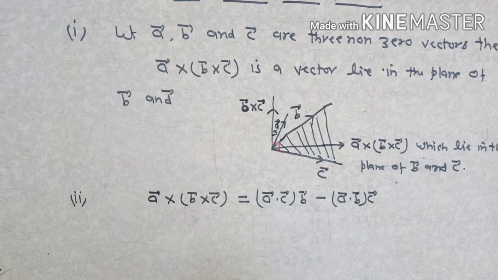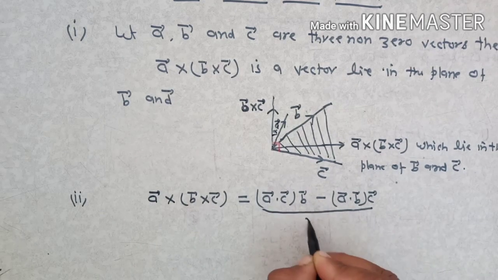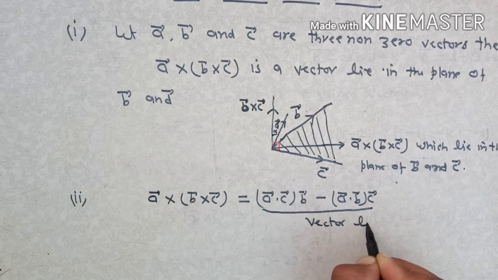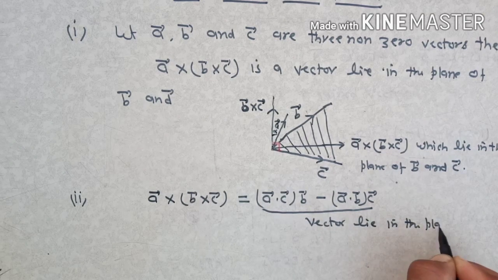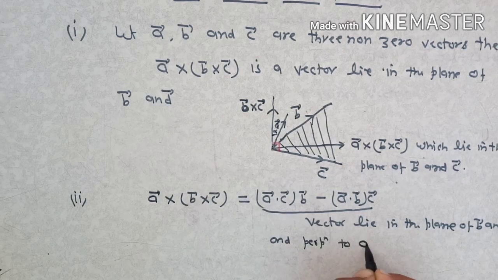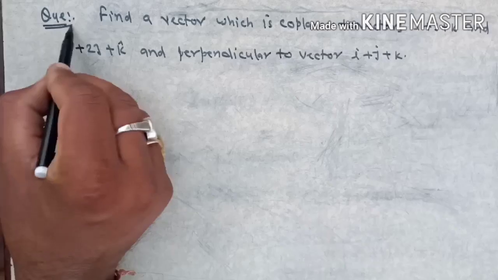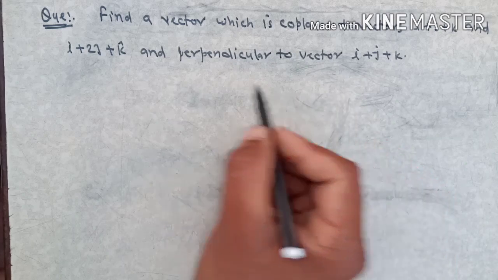We have already proved this formula. This is a vector which lies in the plane of vector B and vector C and is perpendicular to vector A.